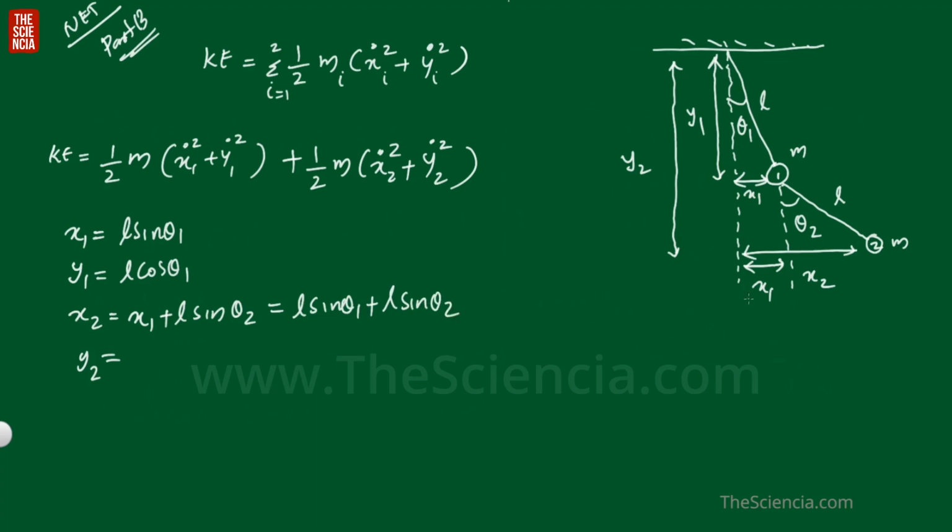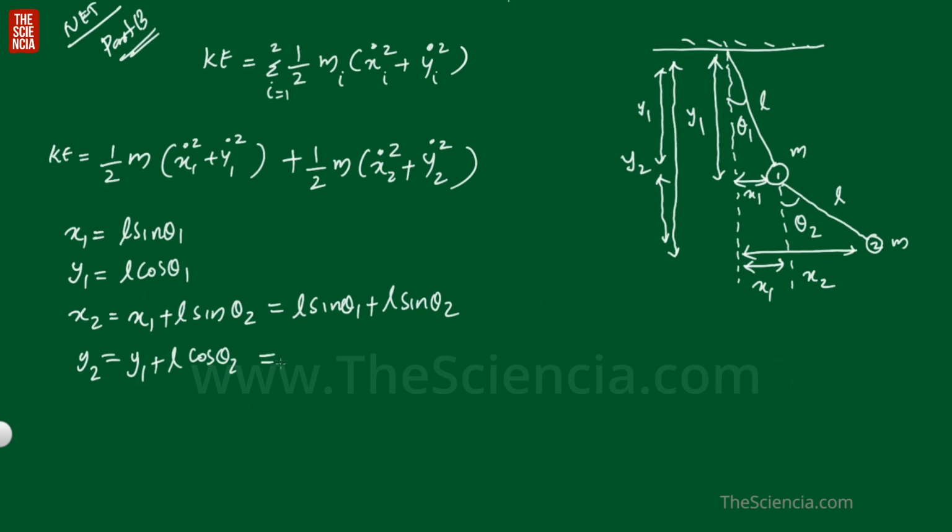Now what is y2? This is y2, and this much length we already know is y1. So y2 is equal to y1 plus this distance, which is L cos theta 2, that is y1 plus L cos theta 2.